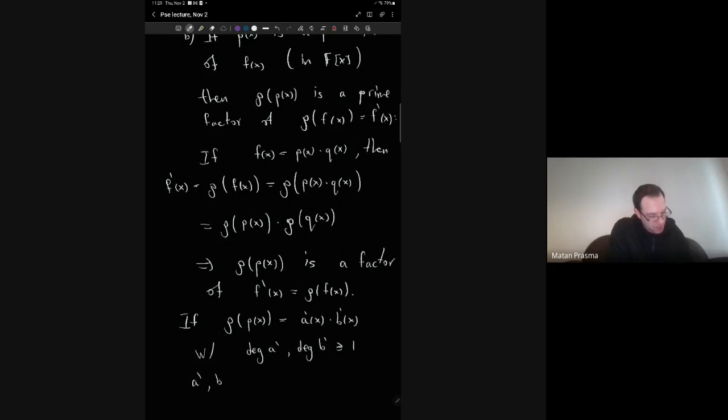And of course, a prime and b prime are polynomials over F prime.